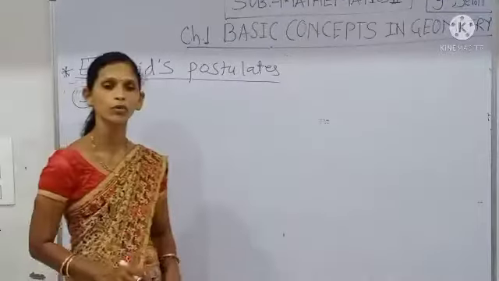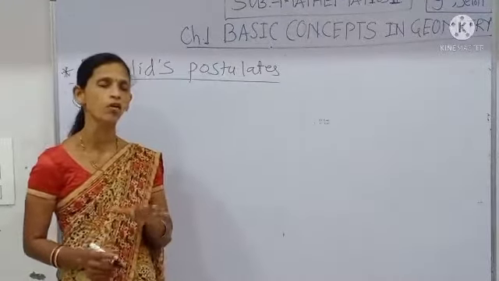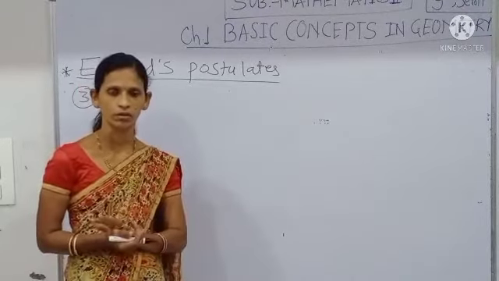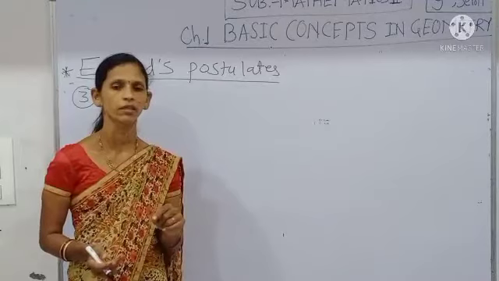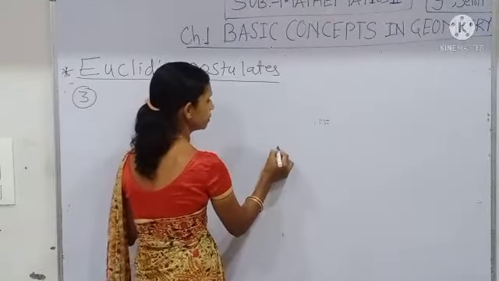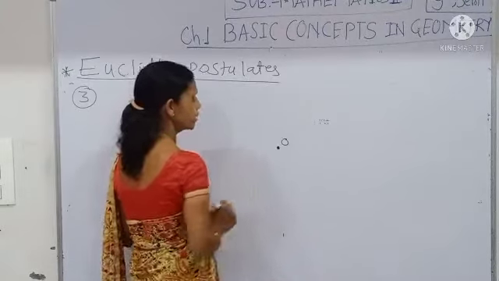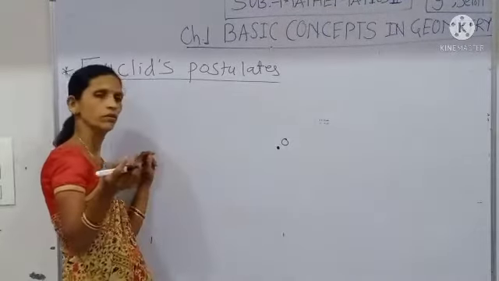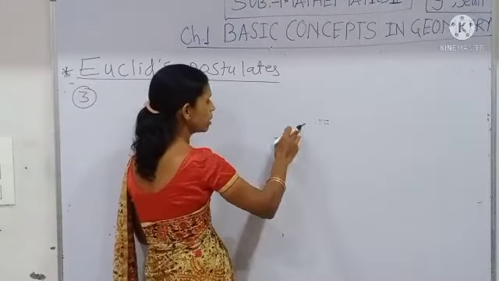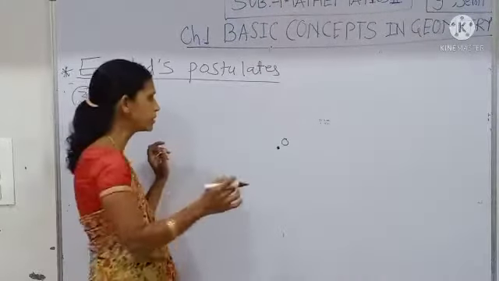The third postulate: a circle of given radius can be drawn having any point as a center. If O is a center, any point taken as a center, then we can draw a circle of given radius.